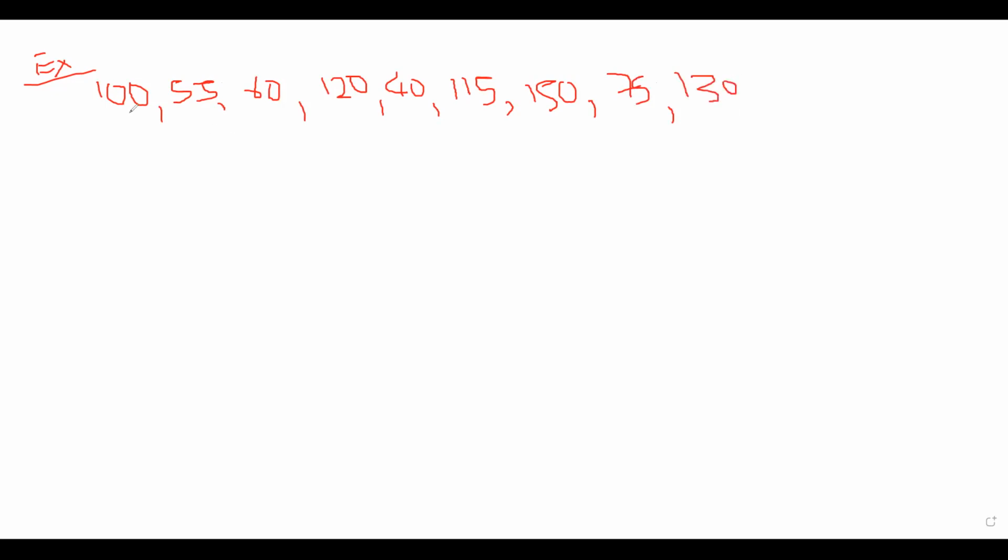So you are given a set of numbers and you need to insert these numbers into a binary search tree. That's the question. You have to insert these numbers as they come.